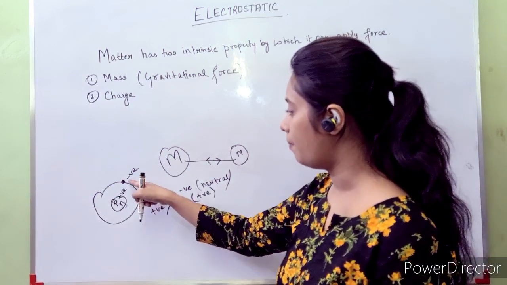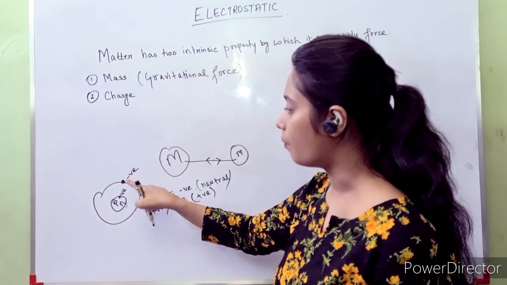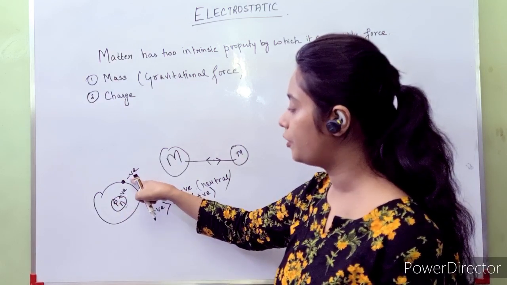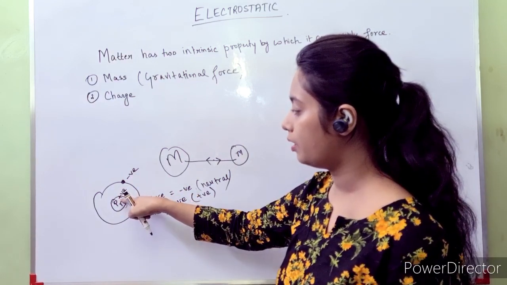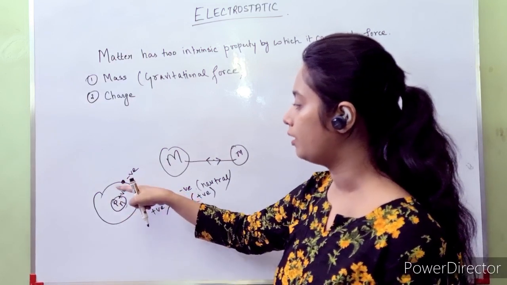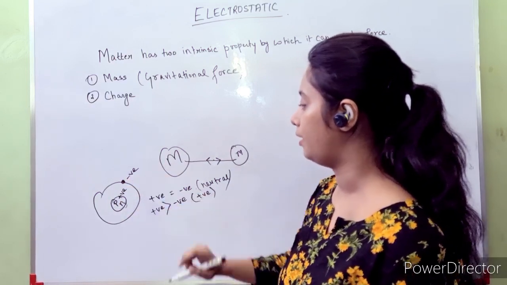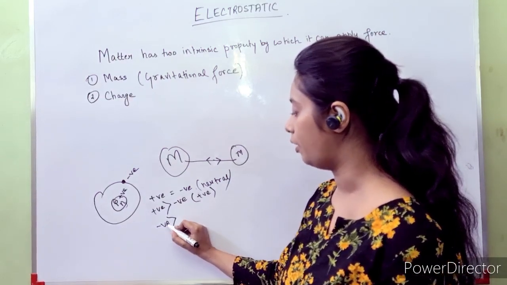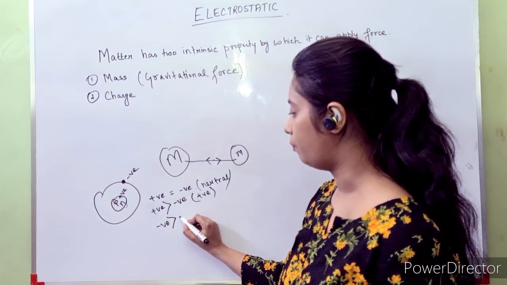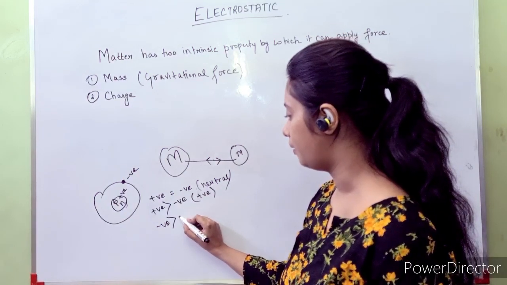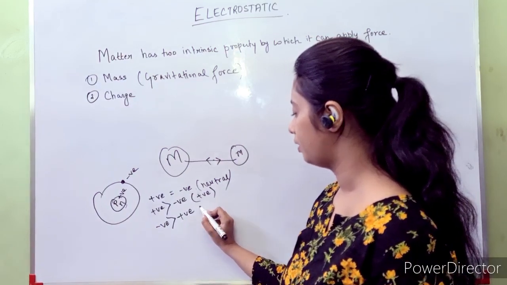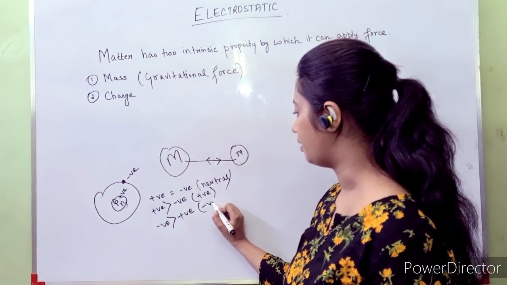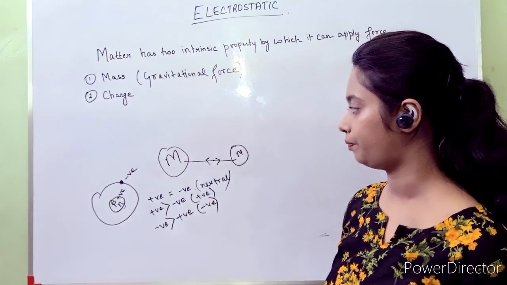If the number of electrons is more than the number of protons, then obviously the negative charge is more than the positive charge. So overall the atom will be negatively charged.